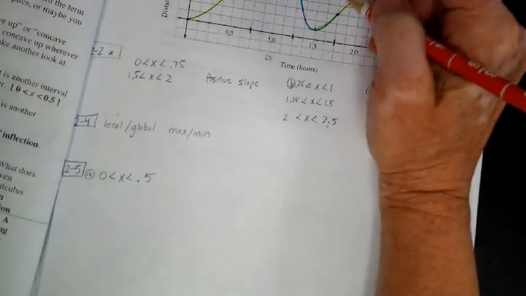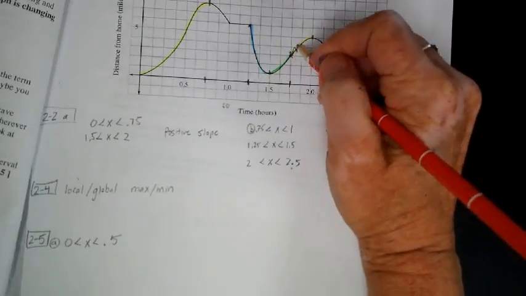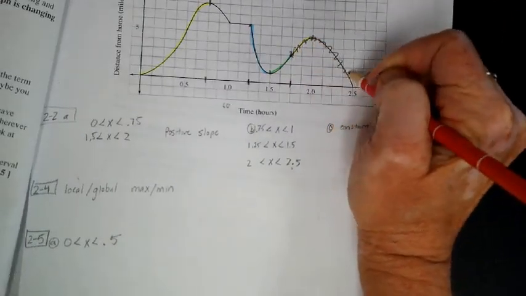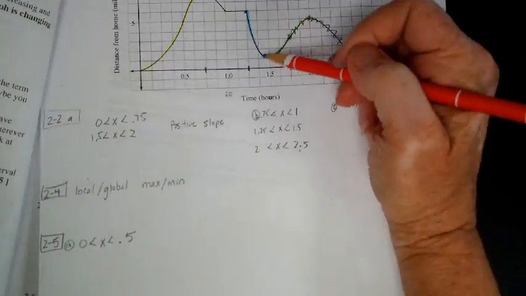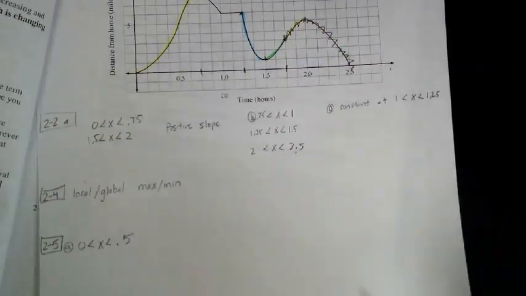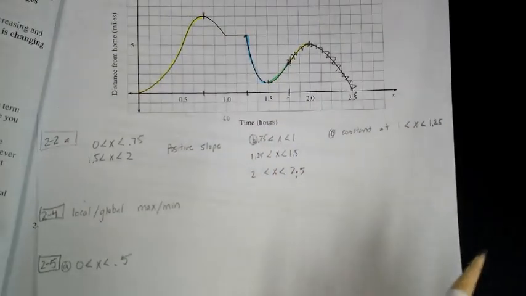Because if you can see where I'm drawing here with my pencil, the part that I just squiggled with my pencil, that's concave down, isn't it? So we got concave up, concave down. That's an inflection point. It's a flex point or inflection point.